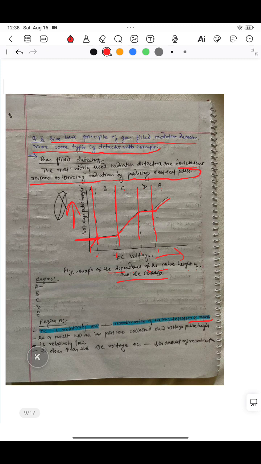So if the DC voltage increases, the pulse height will increase, and with the increase in pulse height, recombination decreases.